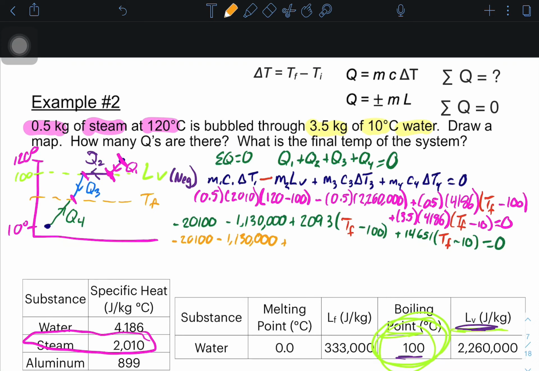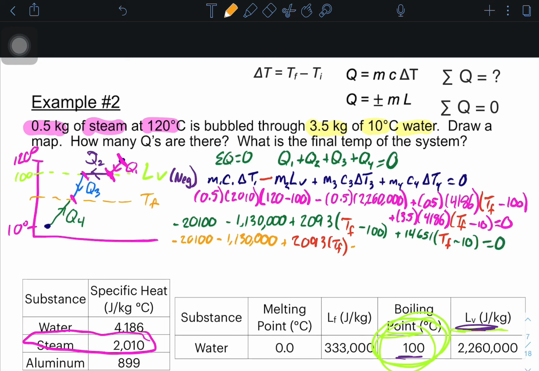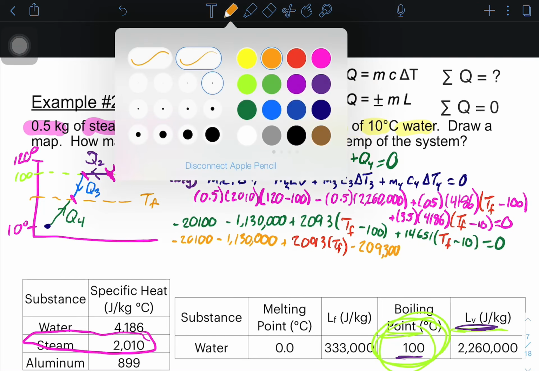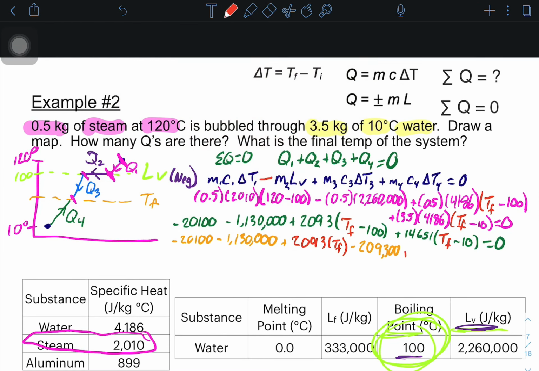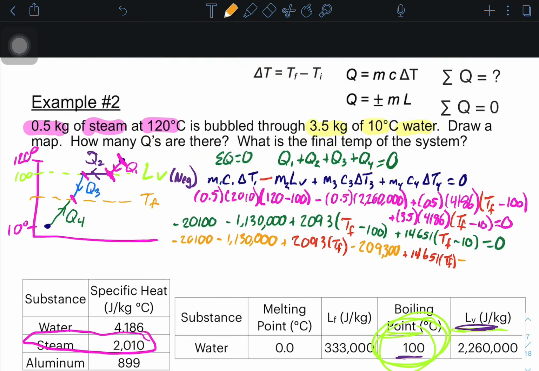So that's going to be plus 2093 times TF minus 209300 plus 14651 times TF minus 14651, which is equal to 0.